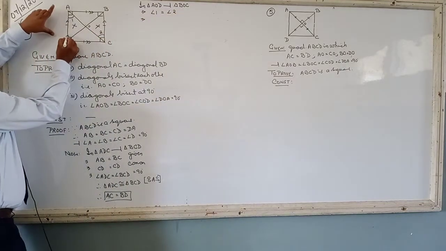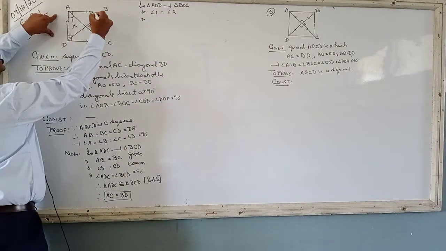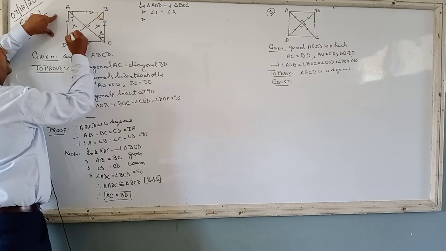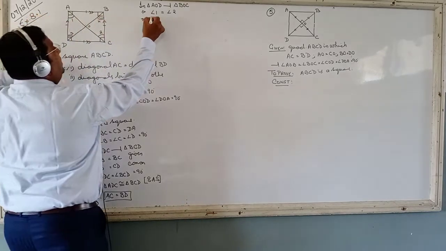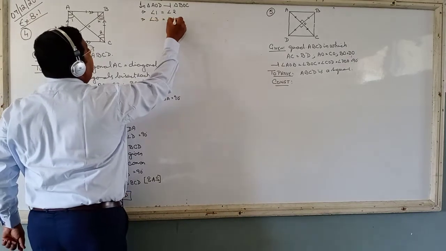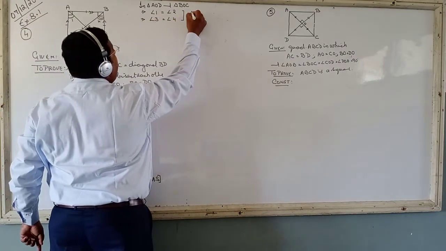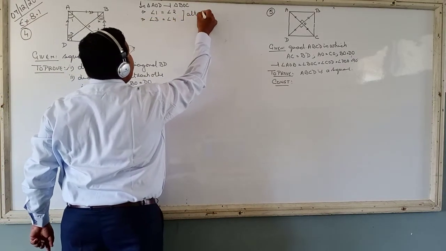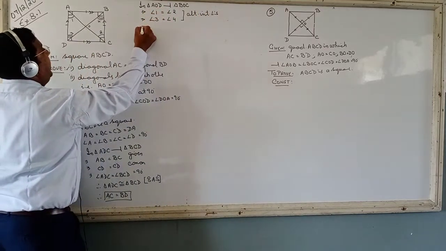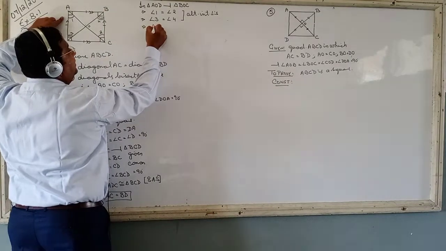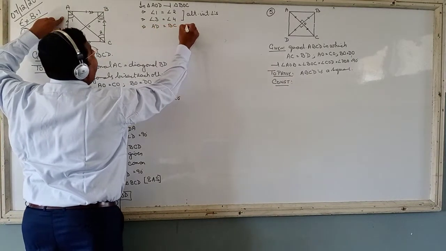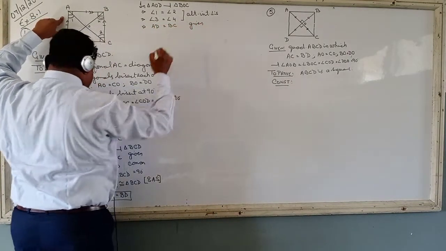And similarly, this angle equals this angle. Angle number 3 equals angle number 4. Reason? Alternate interior angles. And is side AD equal to BC? AD equals BC, given to us.